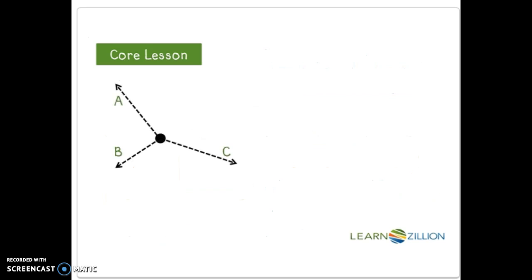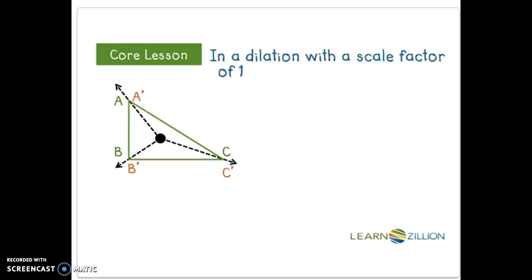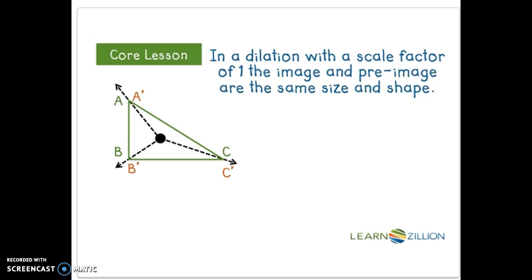In a dilation with a scale factor of 1, the image and the pre-image are the same size and shape. That means that they're congruent. So here we see that A prime, B prime, C prime are on the same spots as A, B, and C. K is equal to A prime B prime divided by AB, A prime C prime divided by AC, and B prime C prime divided by BC.